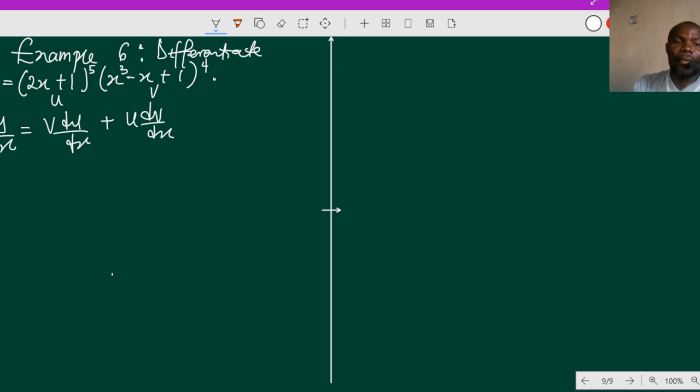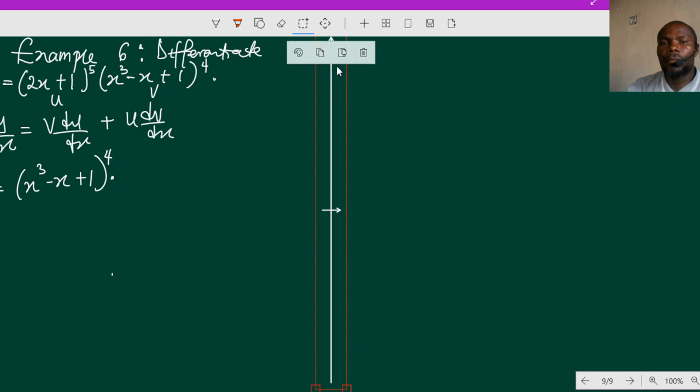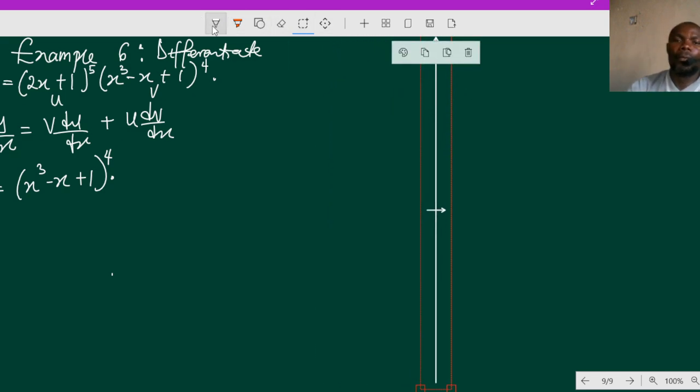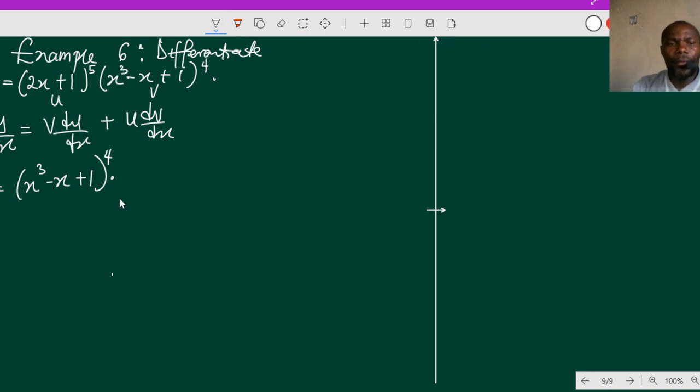In finding dy dx, we first write v, which is x cubed minus x plus 1. You write the question ordinarily. So you write the v, you now differentiate u.